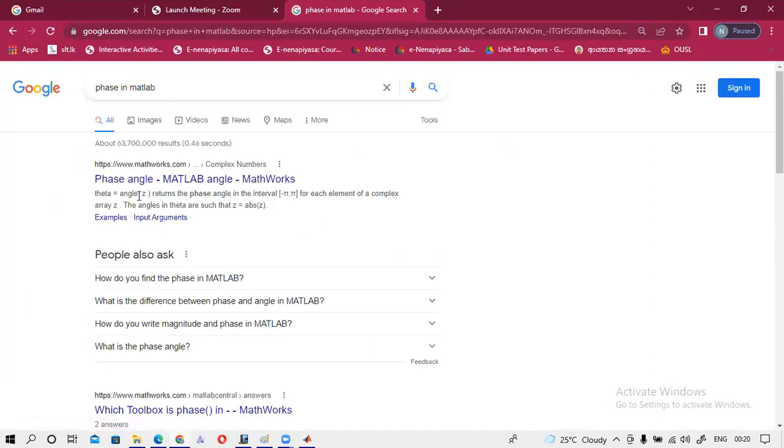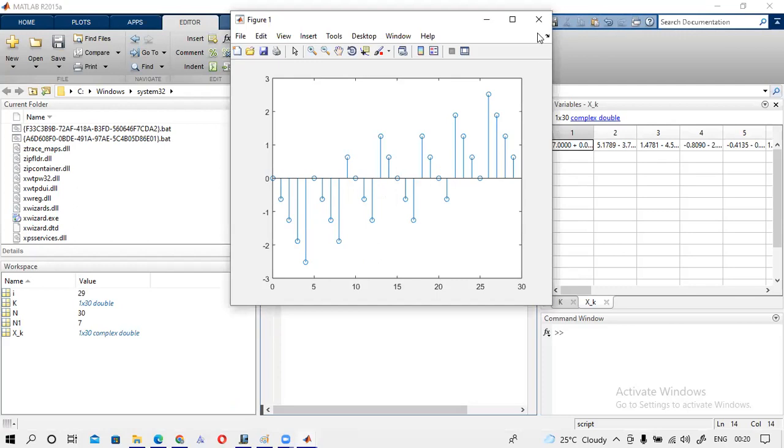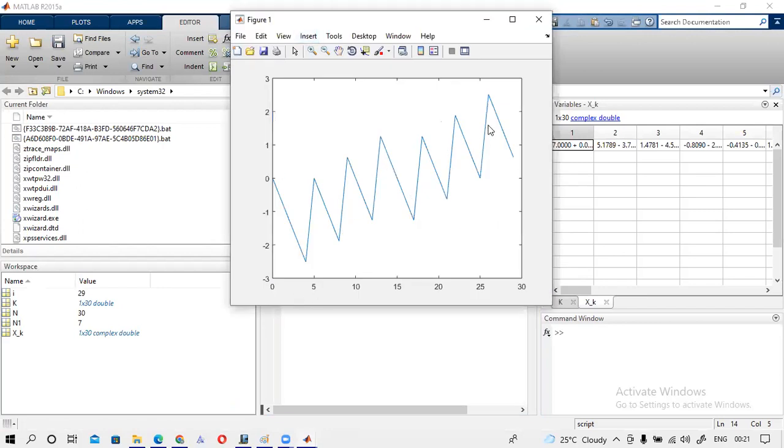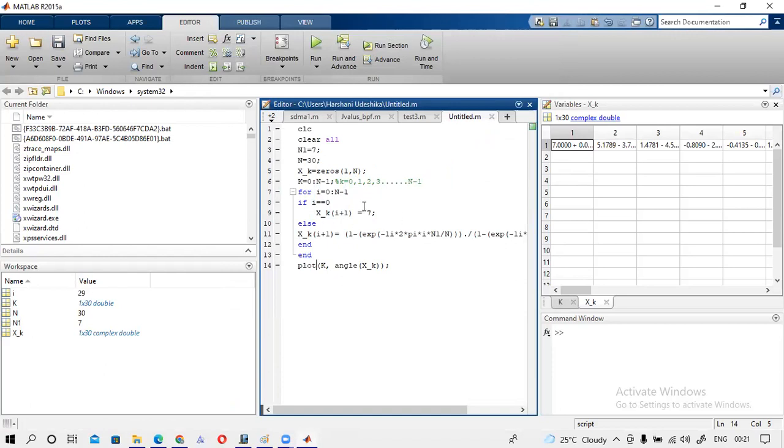It will be angle, no? So if I plot the angle, let's see how it looks. I think angle is correct. Yeah, this kind of variation is there. So that is that.